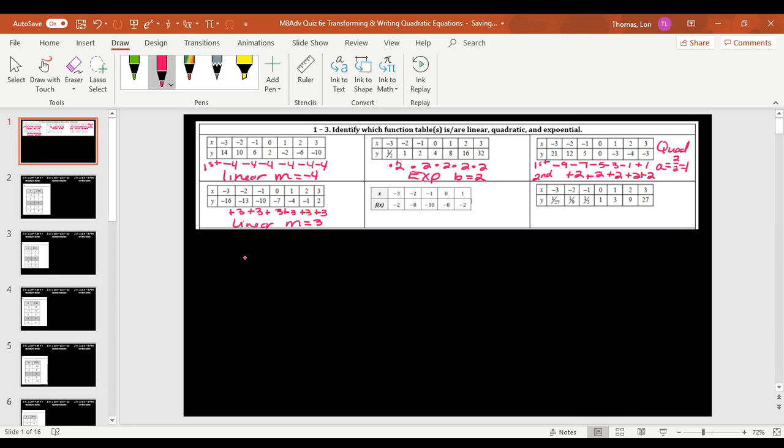So when we're writing our functions, we're going to have the linear function, y equals mx plus b. In this case, my m would be 3. So that's a linear function. Of course, there's other versions, but this is the one that we use most often. And then we have our exponential function, and the most basic is f of x equals ab to the x.